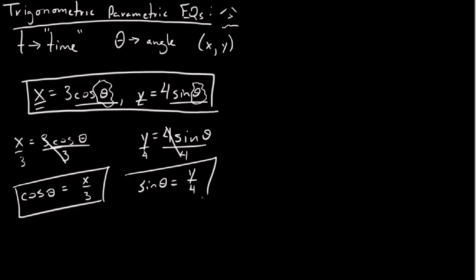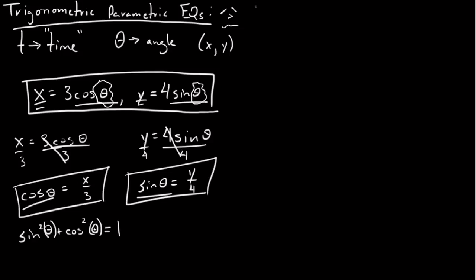The trick borrows upon the Pythagorean identity: sine squared plus cosine squared is 1, or cosine squared plus sine squared is 1. We have solved for cosine and sine of theta, our parameter, with respect to x and y.